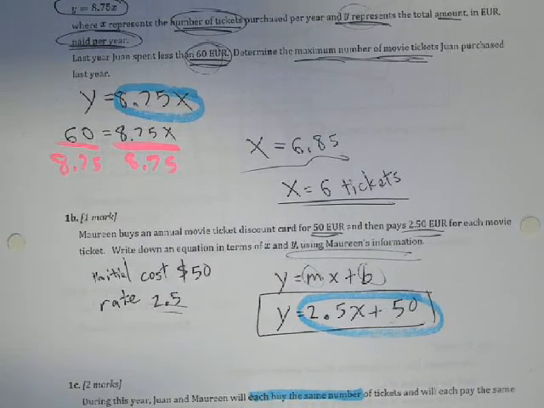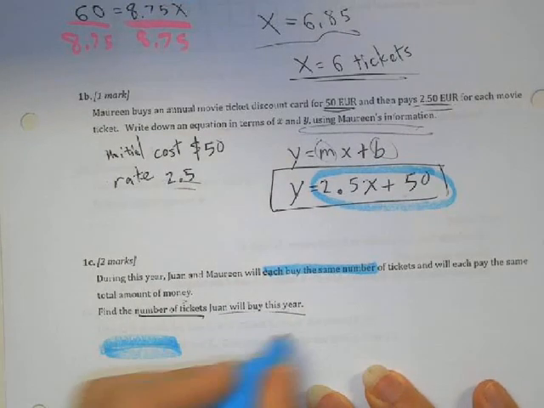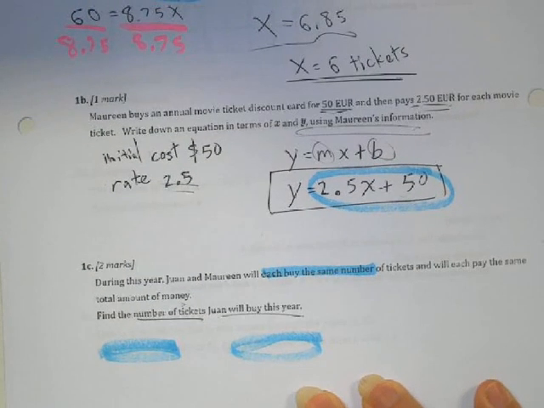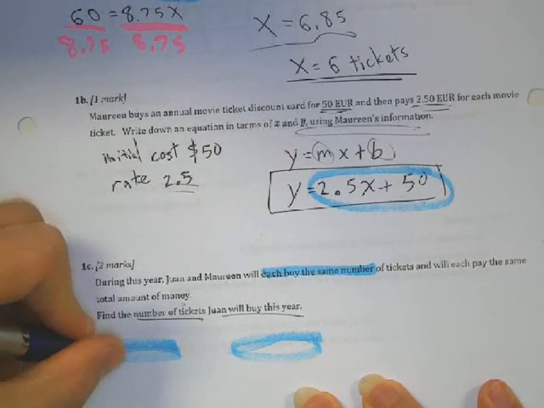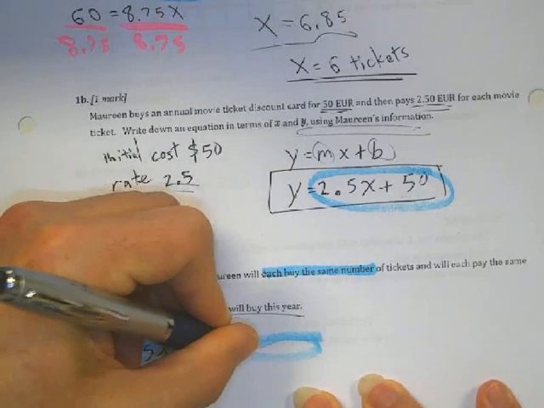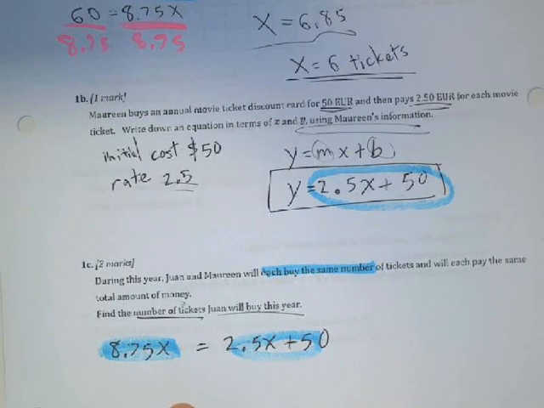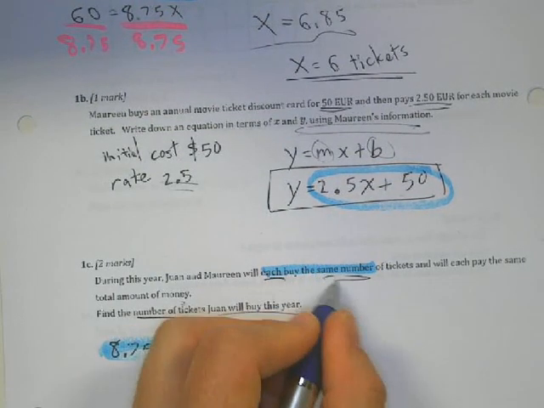So I'm going to make each of those amounts equal to each other. So 8.75x equals 2.5x plus 50. And now we can figure out when they're going to have the same number of tickets.